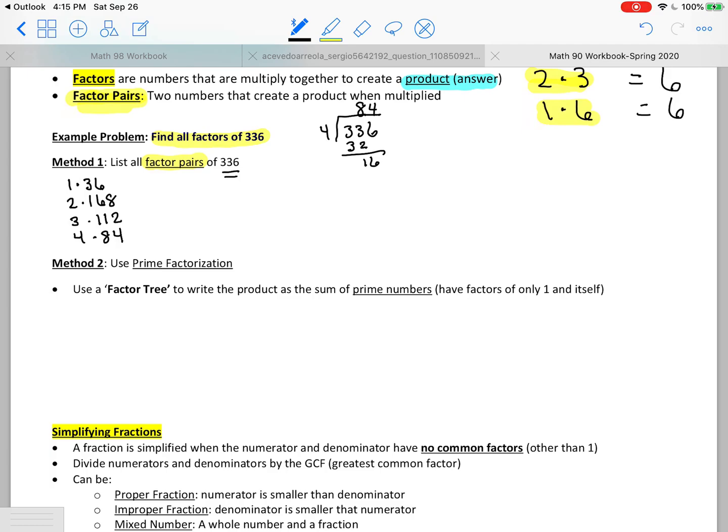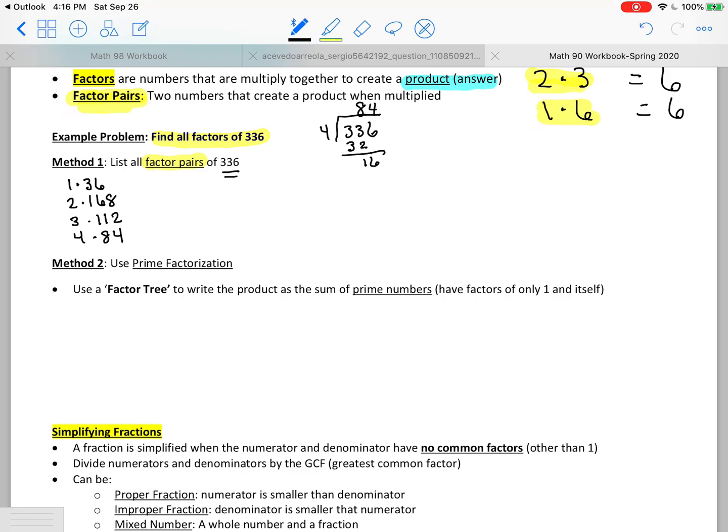The other thing I wanted to mention is that in the back of your workbook, you actually have a multiplication chart, and the multiplication chart would help you a lot. You can find the number 336 and go to the side horizontally and vertically and see if you can find factor pairs that would go into 336.